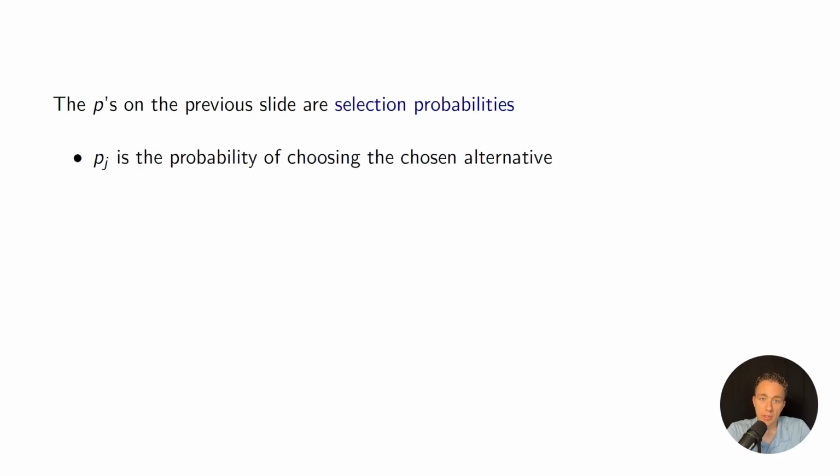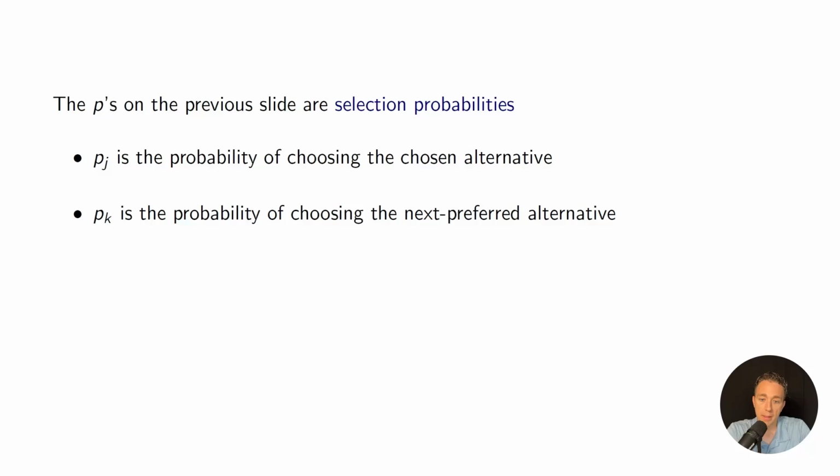So we take those probabilities, and in particular, we're looking at the first best choice. So what's the probability of making the choice that I saw you make in the data? And what's the probability of choosing the next preferred alternative as measured by the next highest choice probability?